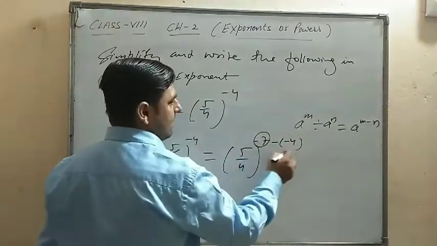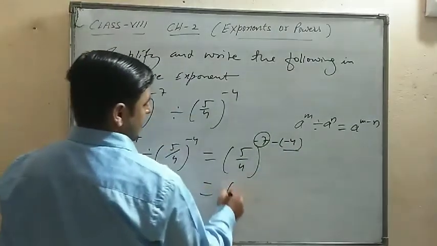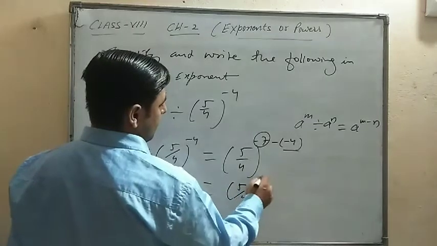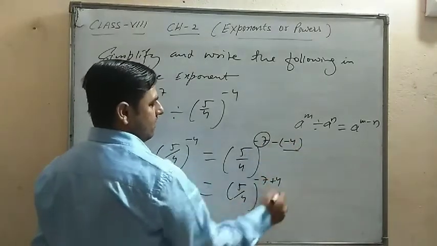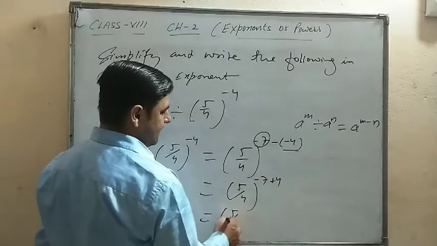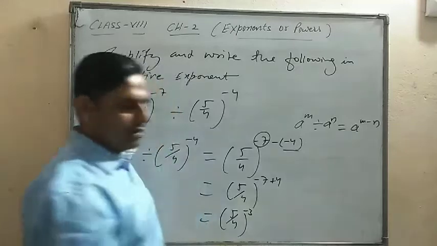Here m is minus 7 and n is minus 4. So 5 upon 4 whole power minus 7, minus minus plus 4. So the result is 5 by 4 raised to power minus 3.